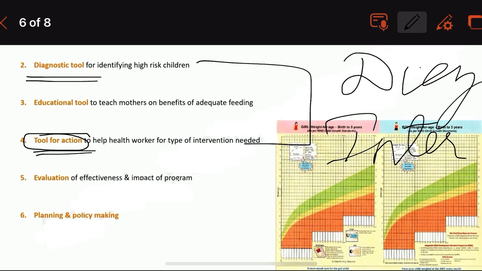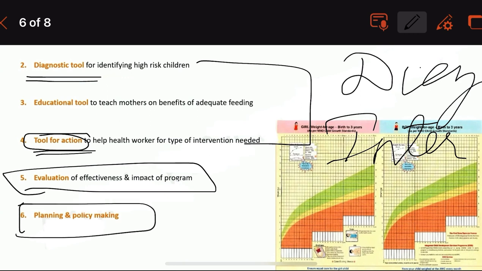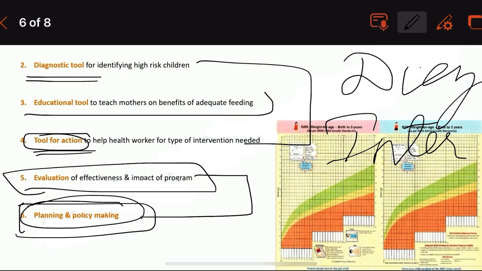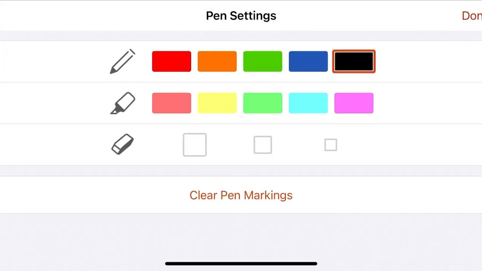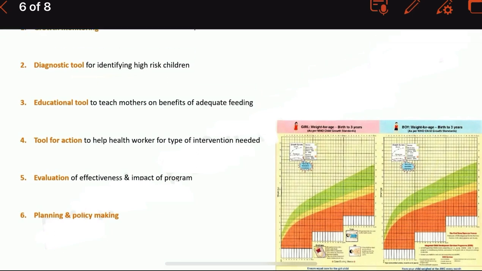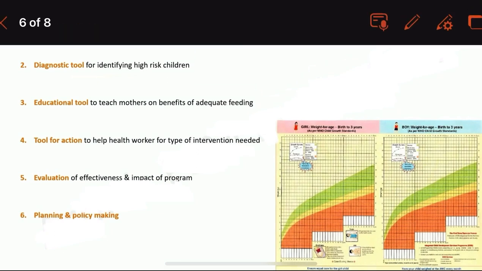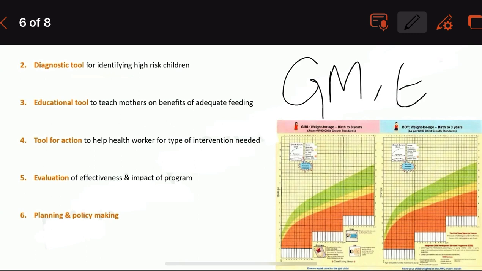Then evaluation and policy making, you can remember together. You evaluated the effectiveness of your program and modified the planning and policy in the next step. And an educational tool for monitoring the growth. So you can remember in the set of 2: growth monitoring and educating the mother regarding the growth of the baby.